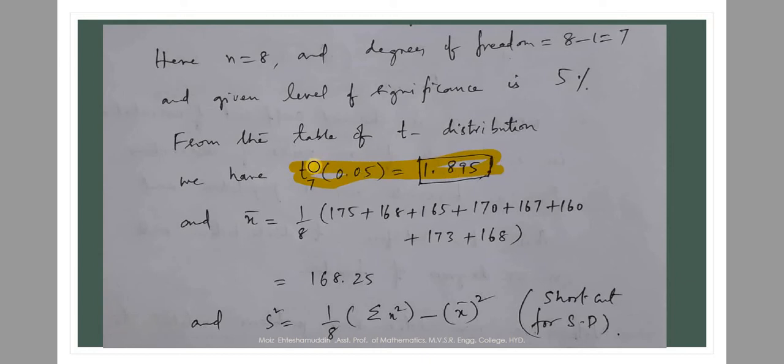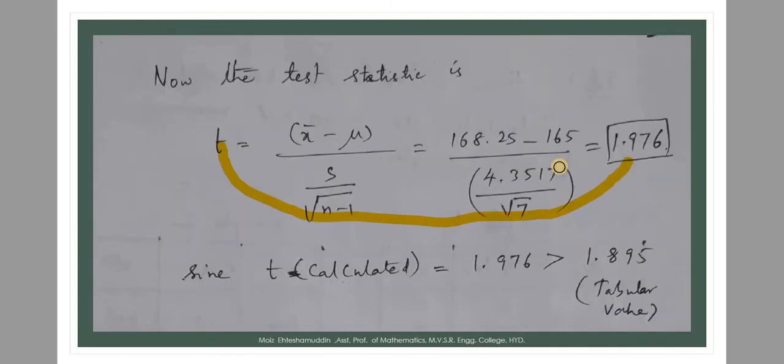We are looking at t tables with 7 degrees of freedom at 5% level of significance. For a single tail, that is the right tail, if the table is available for 10%, you have to see that, and if the table is available with 2 tails, you have to see at 10% level of significance. Now this calculated t value is 1.976. It is more than 1.895.